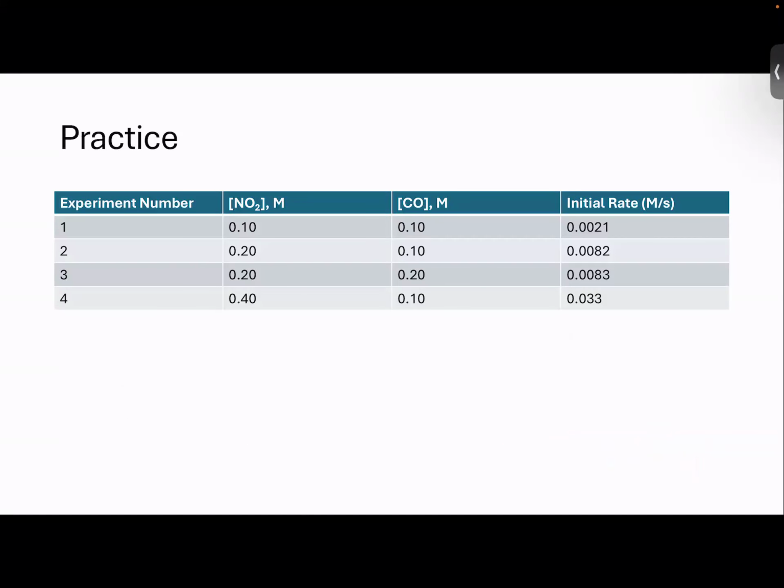Now, in this particular case, we have to add another step. To determine the order of nitrogen dioxide, hold the carbon monoxide constant.